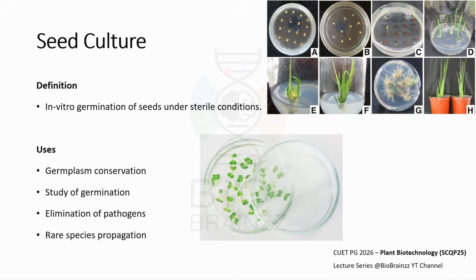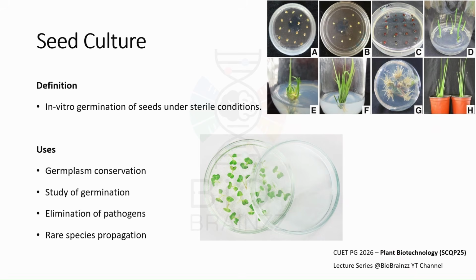Seed culture refers to the in vitro germination of seeds under sterile laboratory conditions. In nature, seeds germinate in soil, but in the laboratory, they are placed on agar-based nutrient medium after surface sterilization. This allows researchers to observe germination processes without interference from microorganisms.